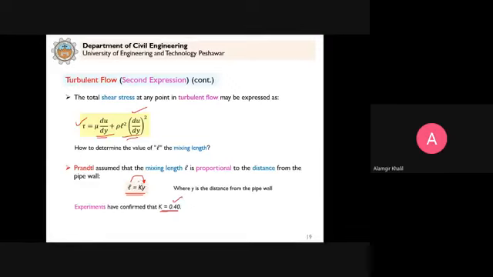Other books call this the von Karman constant, a universal constant, but in the present textbook it is written that experiments have confirmed K is equal to 0.4. So at any distance Y from the pipe wall, you can calculate L, and then use this equation easily to calculate the shear stress in turbulent flow.